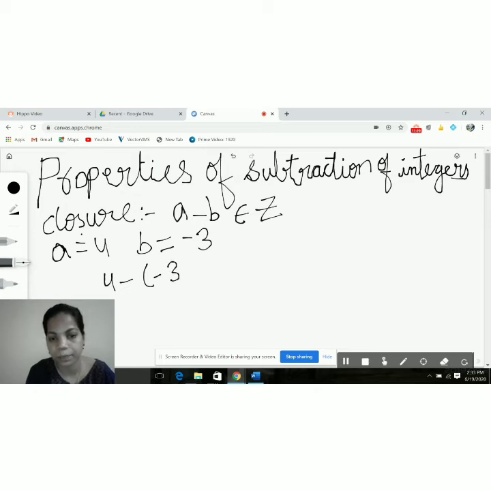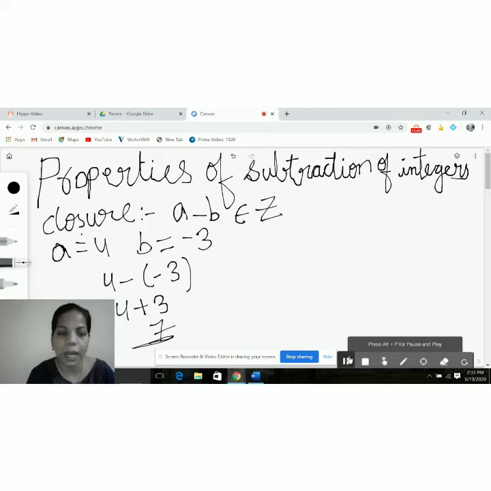Minus 3. 4 minus into minus plus, right? 3. 4 plus 3, 7. So is 7 an integer? Yes, right? So I have taken two integers and I have added them. Sorry, I have subtracted them. Then I got 7, which is an integer. So we have proved the closure property for subtraction.